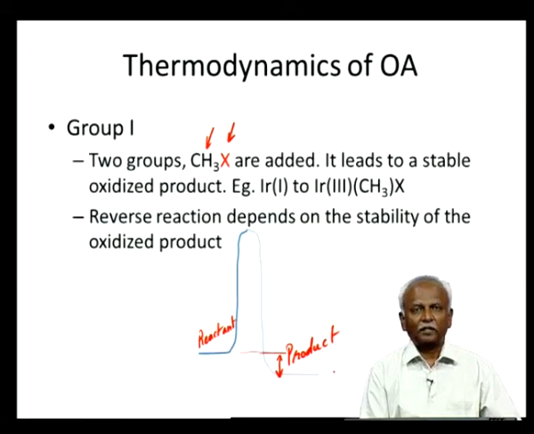If the reaction is very exothermic, we will have an extremely stable product, and the reverse reaction, that is the reductive elimination, will become more difficult. So, when will the oxidized product be more stable?